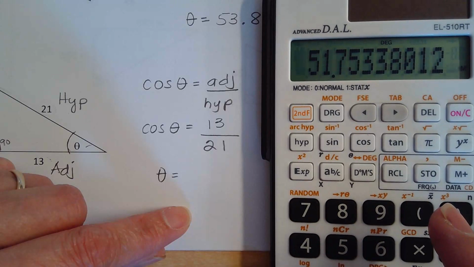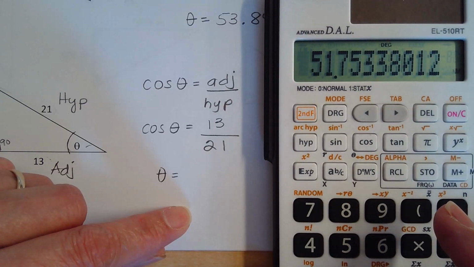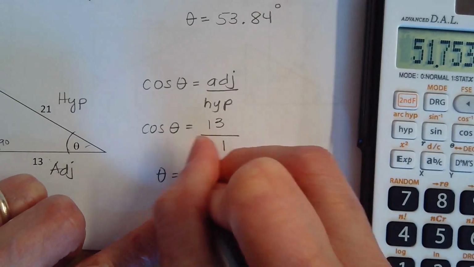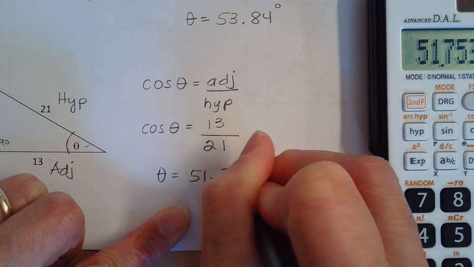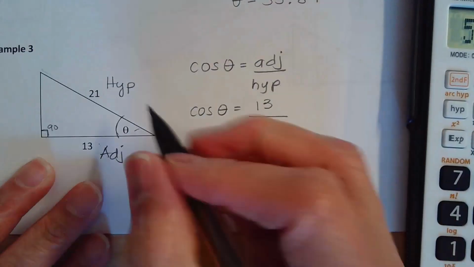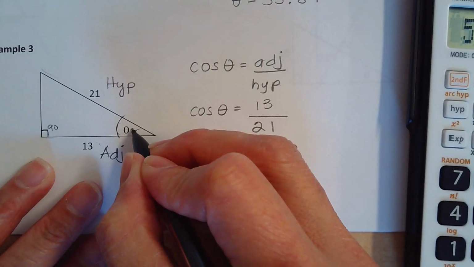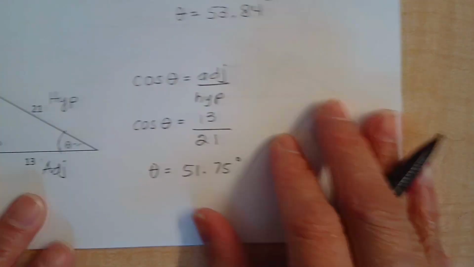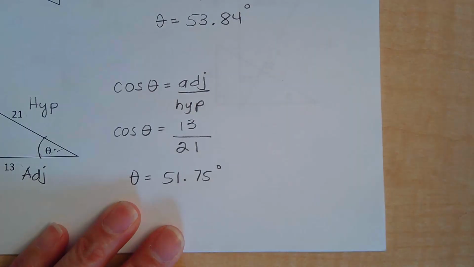If somebody can verify my answer, I got 51.75. Did you get 51.75? Yeah. Degrees. So this angle is 51.75 degrees. I'm going to write that down here too.